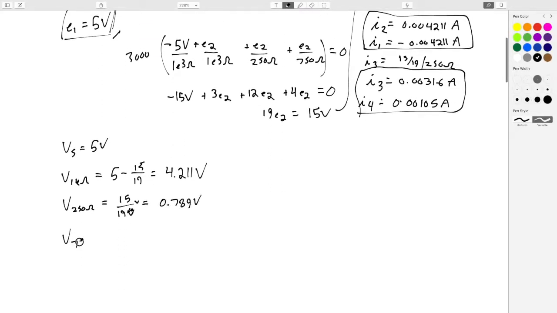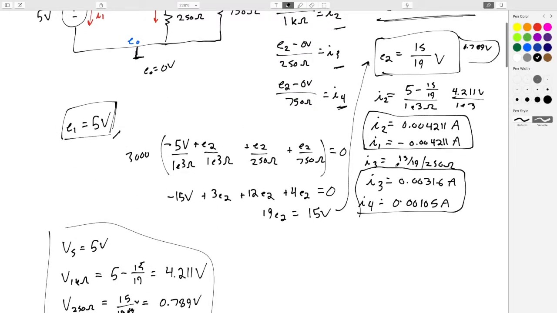And the voltage over the 750 ohm resistor, since it's in parallel with the 250, is the same thing, 0.789 volts. And we've already figured out the currents flowing through them as well.